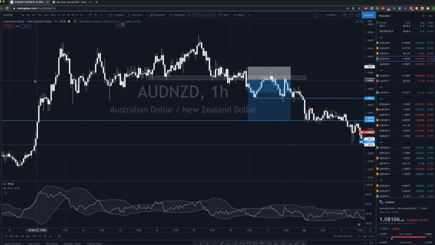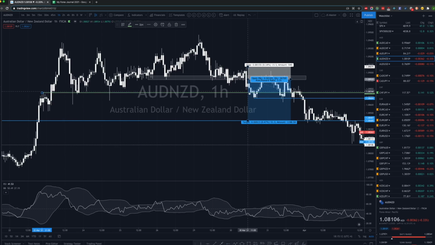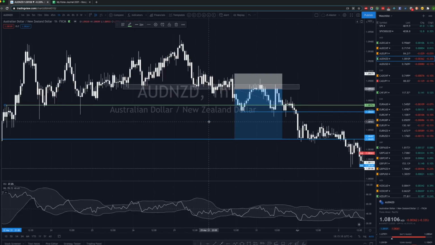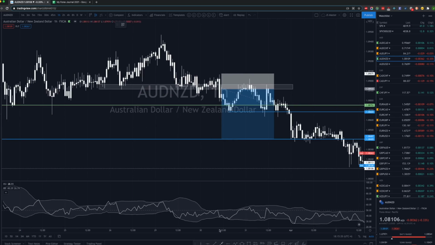So we have this high here together with this resistance turned support. We had this wick rejection, so I figured this was a pretty decent level. Once we broke past it, I put my stops to break even, and we broke past it on this candle just here.